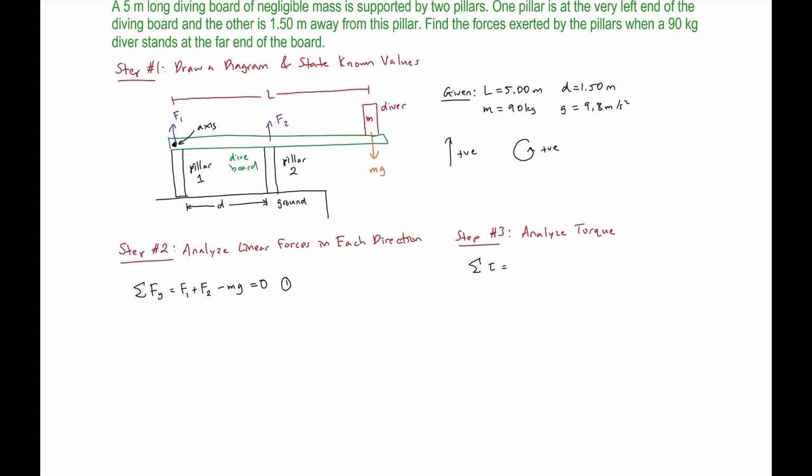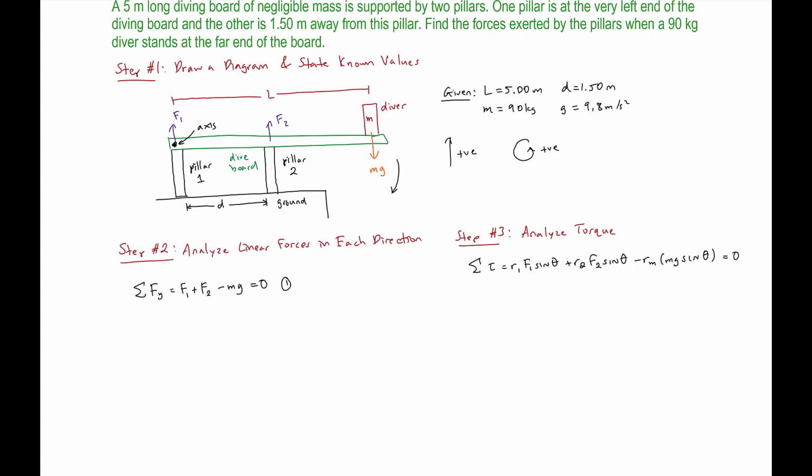So that means the torque will be positive for both of these, and we have R1 F1 sine theta plus R2 F2 sine theta minus mg is now going this way, so that means we have minus Rm, the length that the diver is away from the axis of rotation, times mg sine theta. That should equal 0.